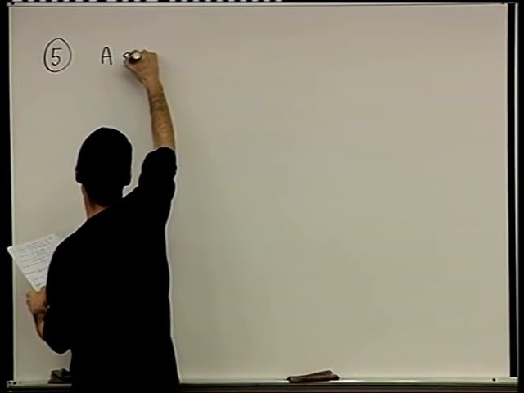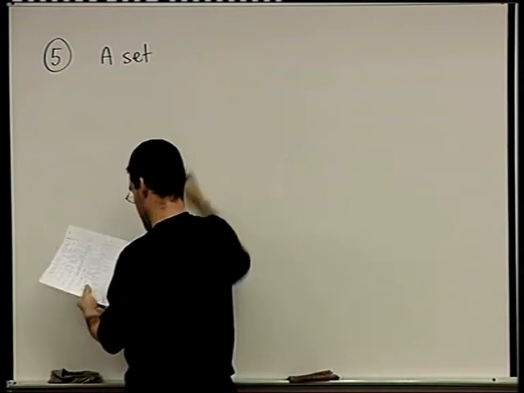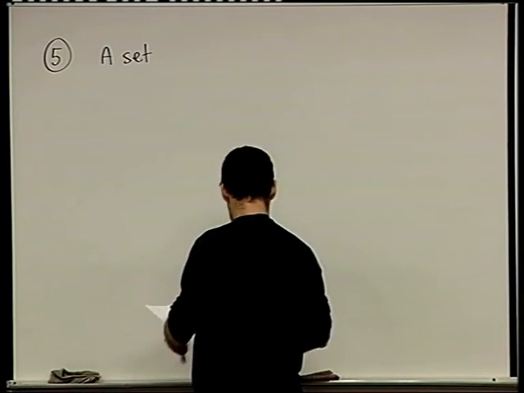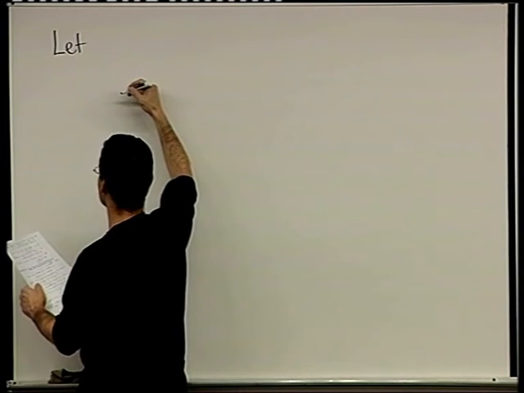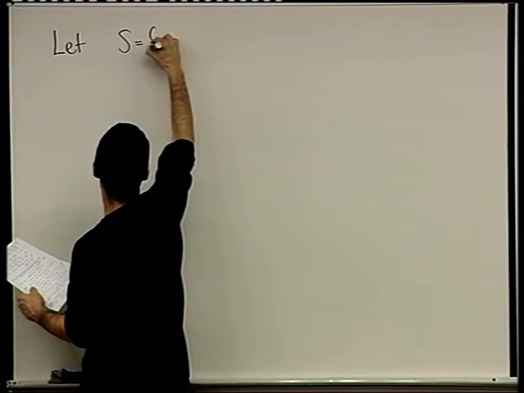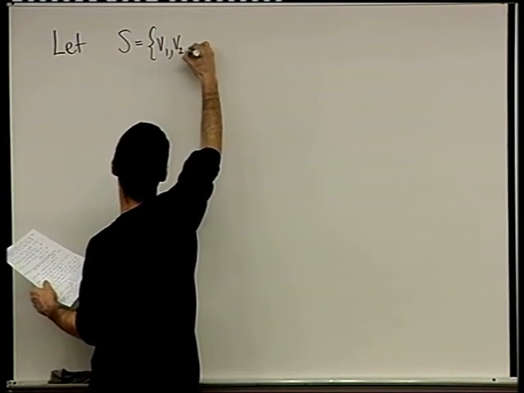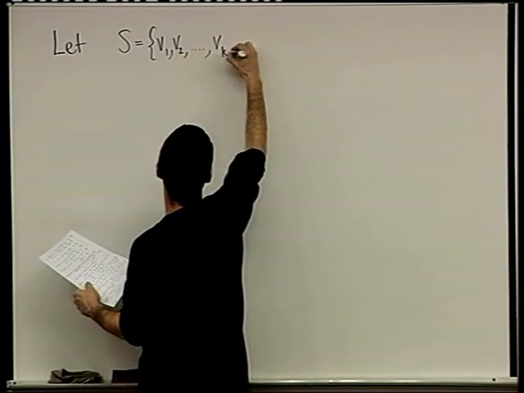Let's write number 5 and number 6 together because their proofs are going to be related. And let's have some common notation above them. So let S be the set V1, V2, all the way up to Vk.